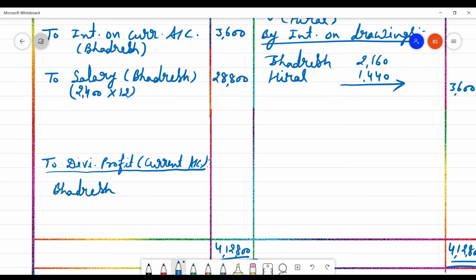The partners are Bhadresh and Hiral, and commission also has to be paid to Hiral.